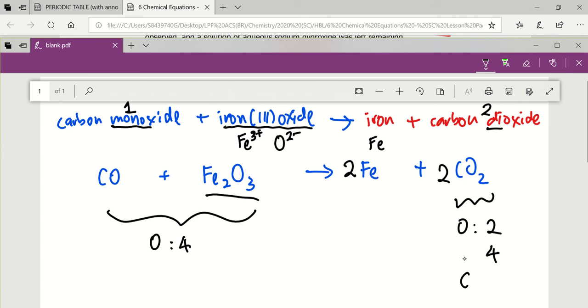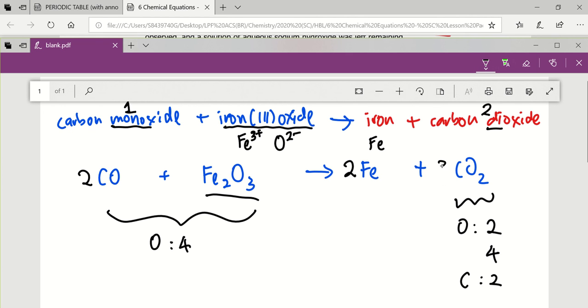To balance the carbon, I will need to change the carbon monoxide to 2, but this will again change the number of oxygen, and then it will not be balanced anymore. So writing the coefficient 2 in front of carbon dioxide is not the solution. If 2 doesn't work, let us try 3.